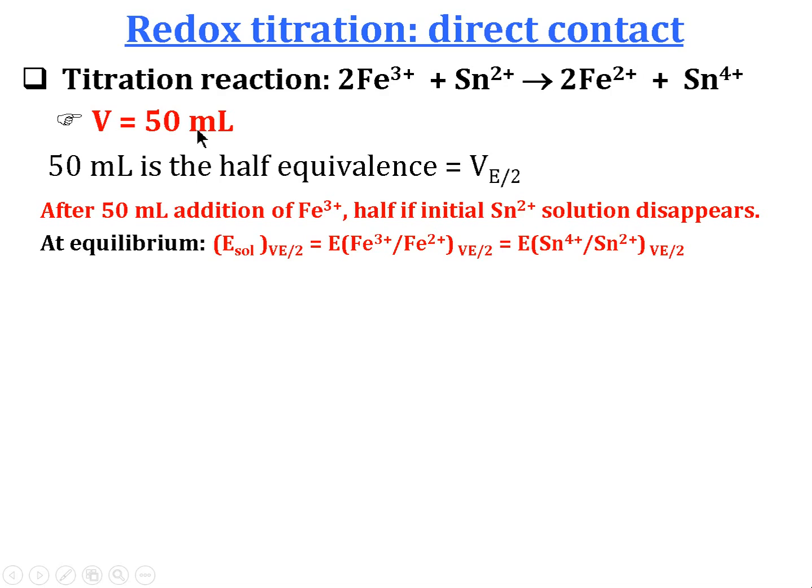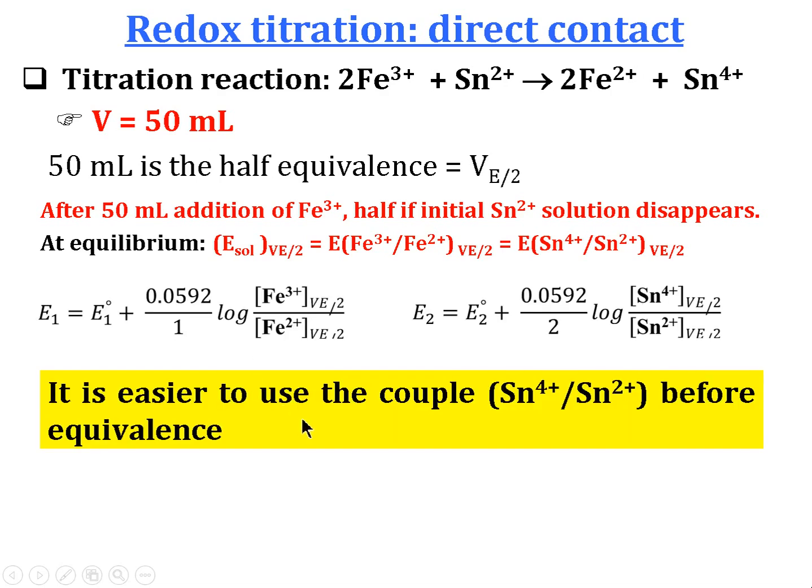But since the volume added is before the equivalence, it's easier to work on the couple Sn4+/Sn2+ to avoid additional calculations of Fe3+ and Fe2+.